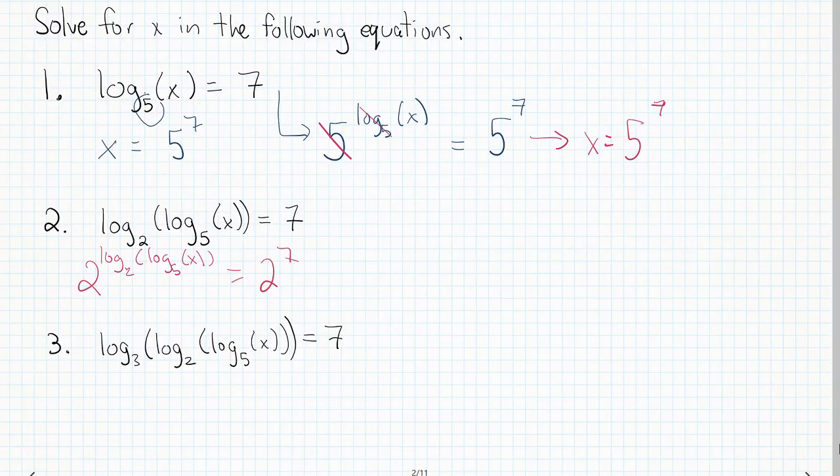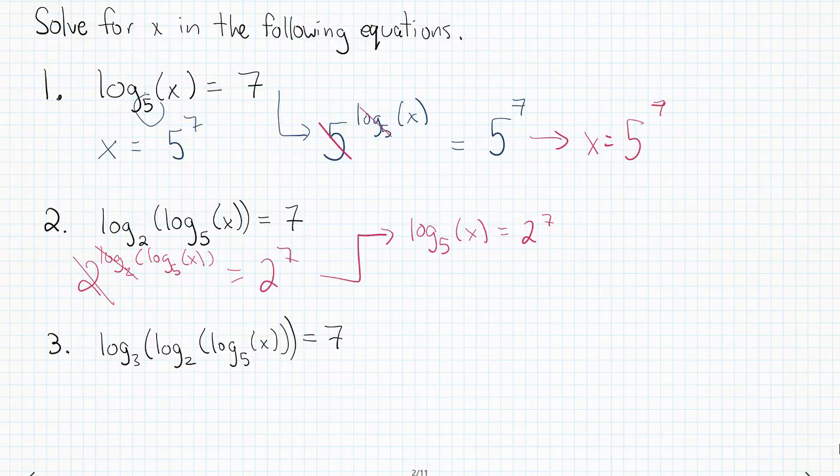What does that allow us to do? If you have this 2 and this log base 2, those things cancel. So now we can rewrite this as log base 5 of x equals 2 to the 7th.